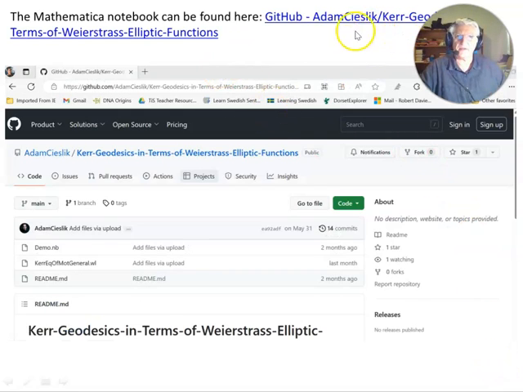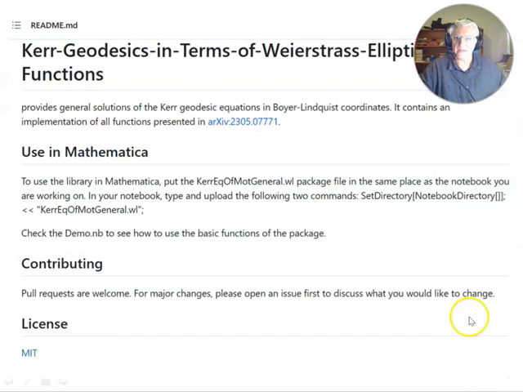You can locate the Mathematica notebook here. When you download it, if you do have Mathematica, just bear in mind it's best to put the package in the same directory from which you run it. So to use the library of Mathematica, put this package in the same place as the notebook you work with.